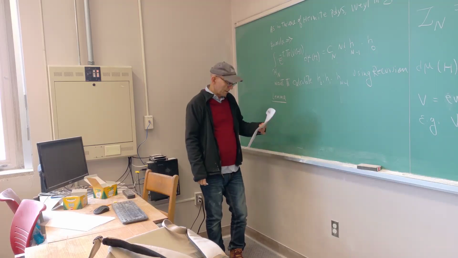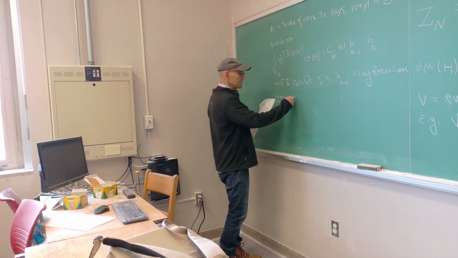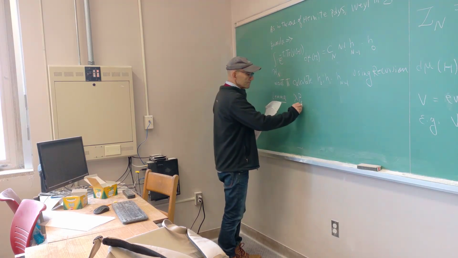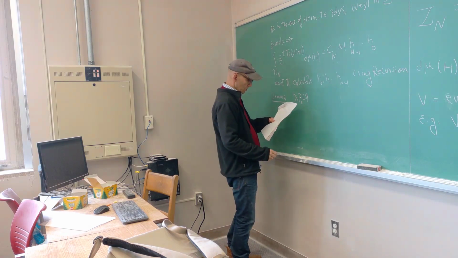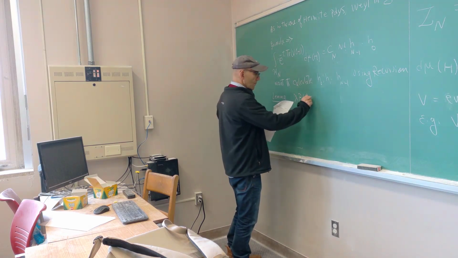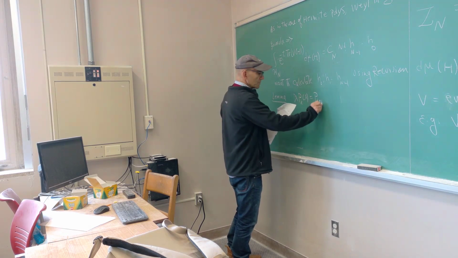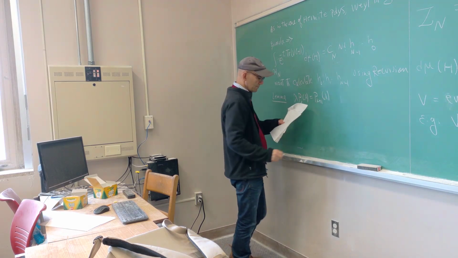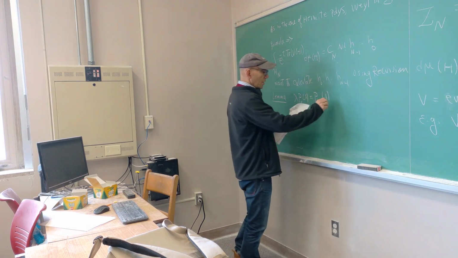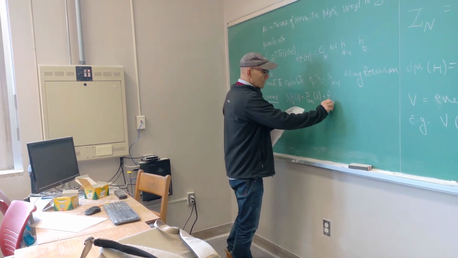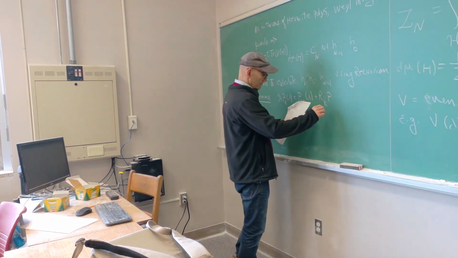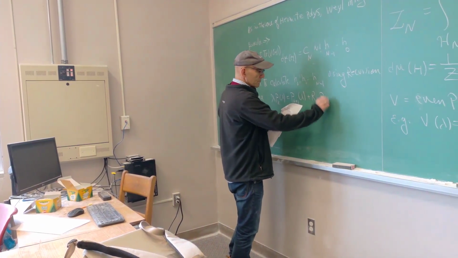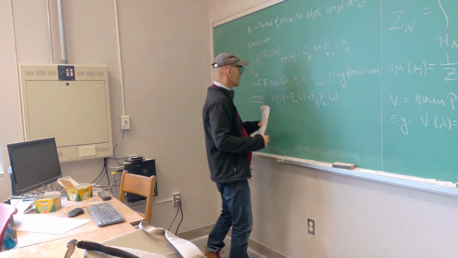The lemma is that lambda p_k of lambda is equal to p_{k+1} of lambda plus R_k p_{k-1} of lambda.